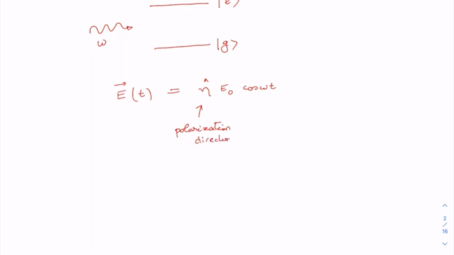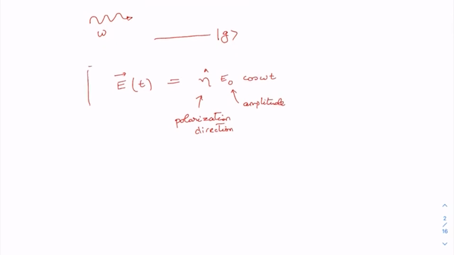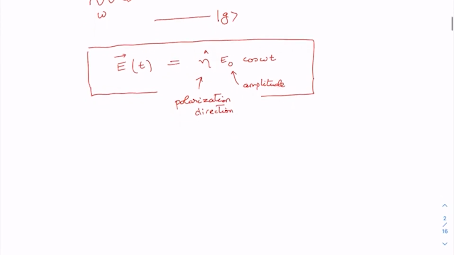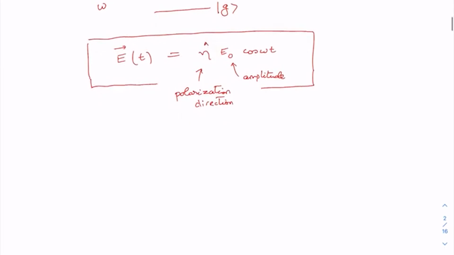and E0 is the amplitude of the electric field. While writing this expression, we are neglecting the spatial dependence of the field, and we can do that if we assume that the wavelength of the field is much longer than the size of the atom.